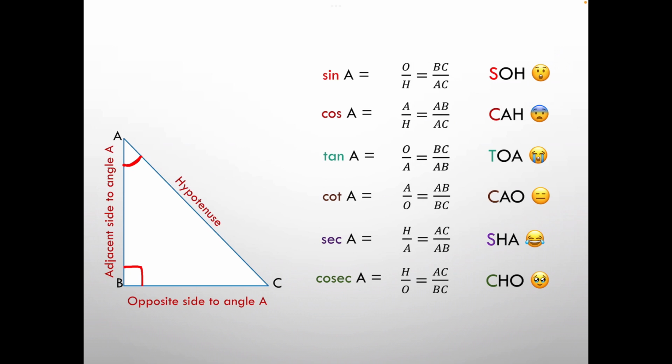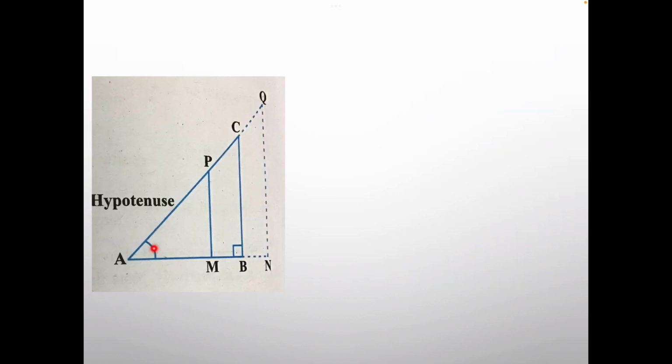Let's have a look at some important things to keep in mind about the trigonometric ratios. Will the ratios of this angle A be different in triangle PAM, CAB and QAN? No, they won't be different because the triangles are similar and the angle is the same.